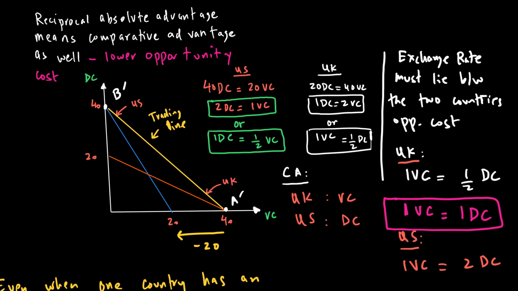So by giving 20 vacuum cleaners, you get 20 digital cameras as well. So when they do that, UK will be at point X, which is you give 20 vacuum cleaners, but you get 20 digital cameras from the other country, and you end up at point X.